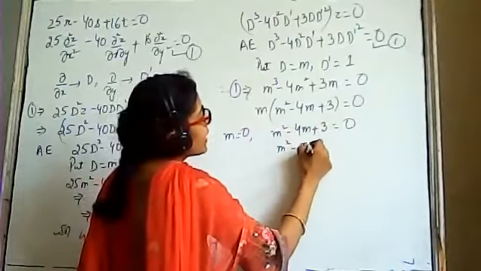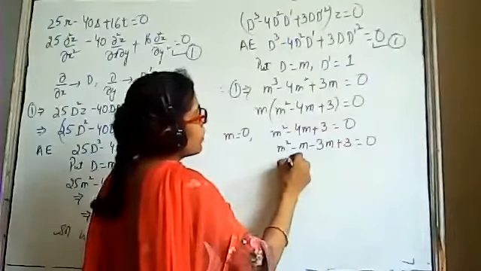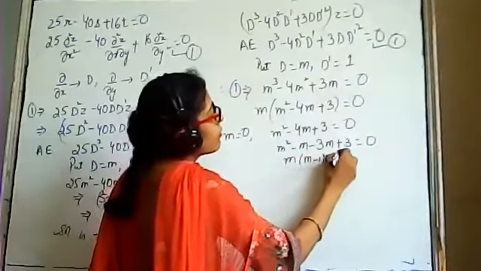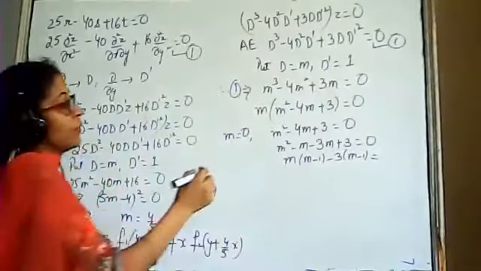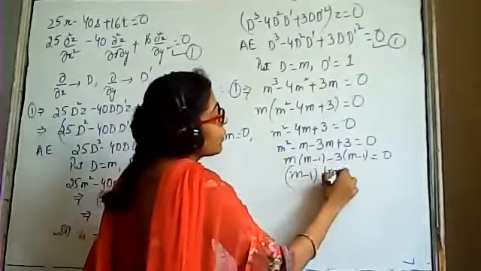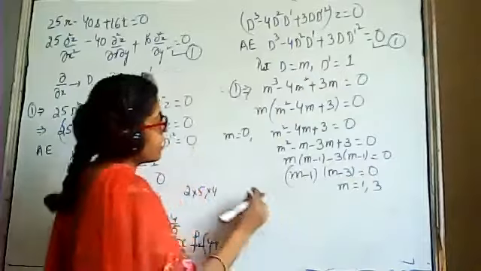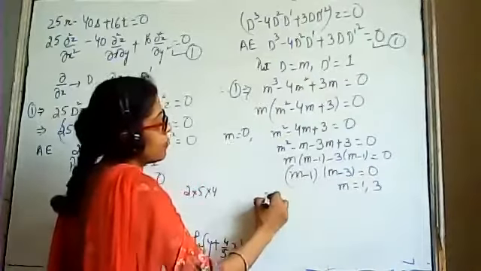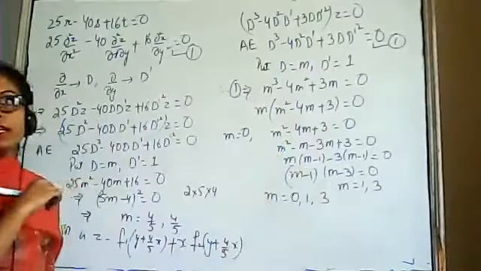m² - m - 3m + 3 = 0. m common, m - 1, minus 3 common, m - 1 is equal to 0. So it will be (m - 1)(m - 3) = 0. So we get m = 1 and 3. So we get 3 roots of m: one is 0, other is 1, and third one is 3.